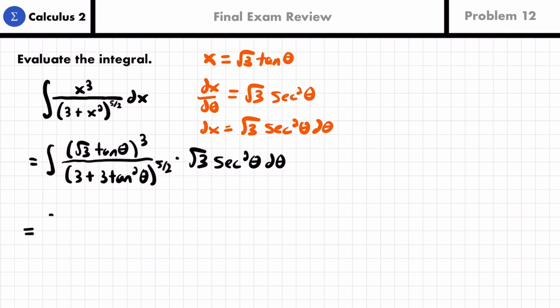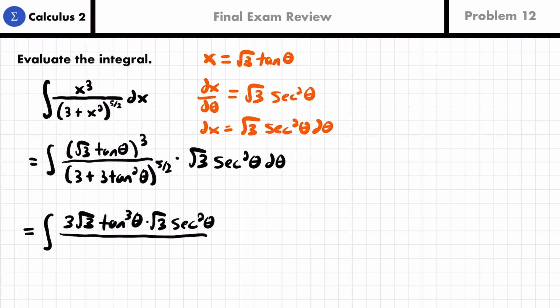This will now be equal to 3 square roots of 3 times tangent cubed theta. But then notice that we have this square root of 3 times secant squared theta that we can multiply into the numerator. So I'll do that here. We'll multiply by the square root of 3 times secant squared theta, and then that will be divided by this denominator. Now the reason why trig substitution is helpful is because usually that denominator can be simplified using a trigonometric identity.